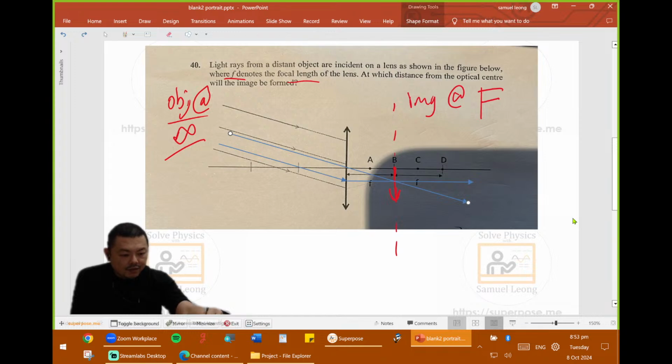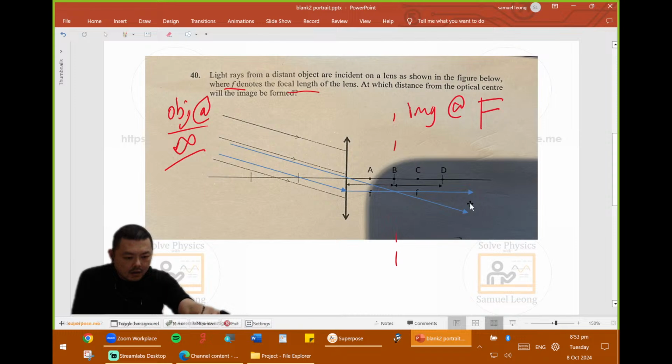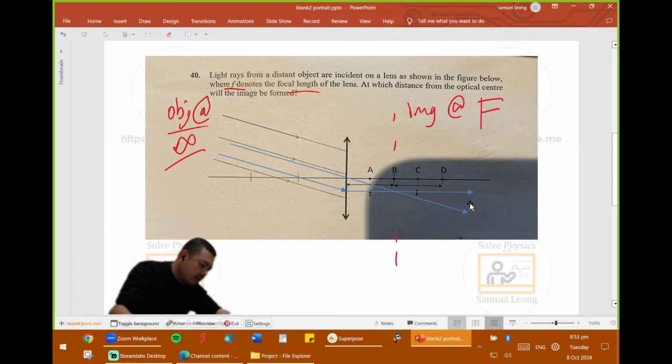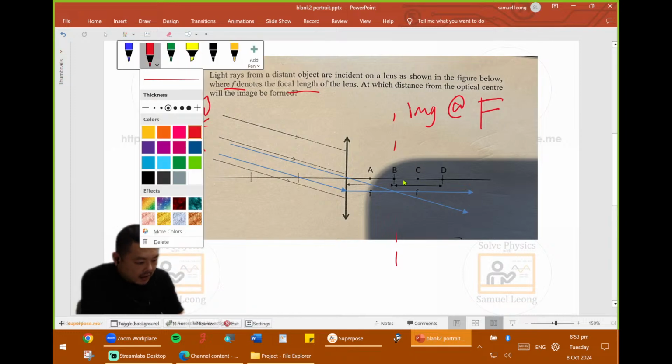They cross at the focal plane. All right. Oh gosh. Right. Hang on. Oh no, sorry, my pen ran off. Okay.